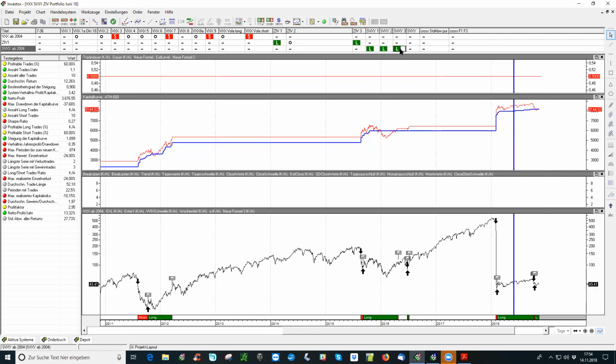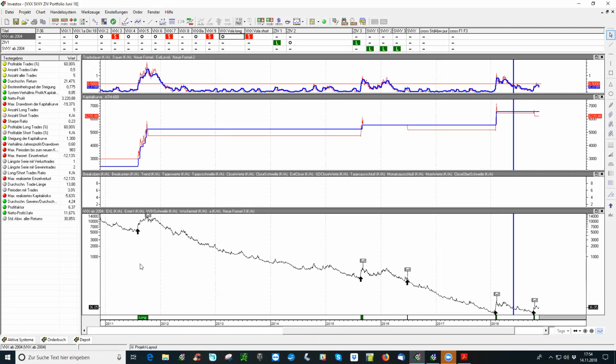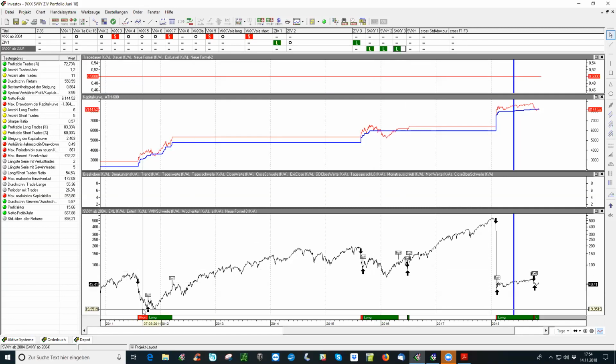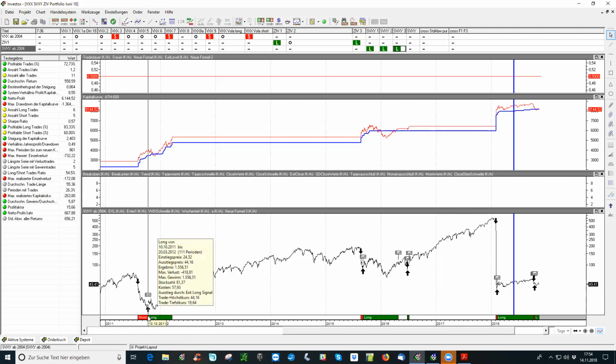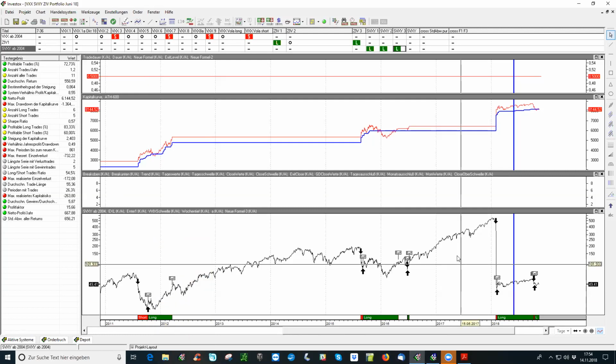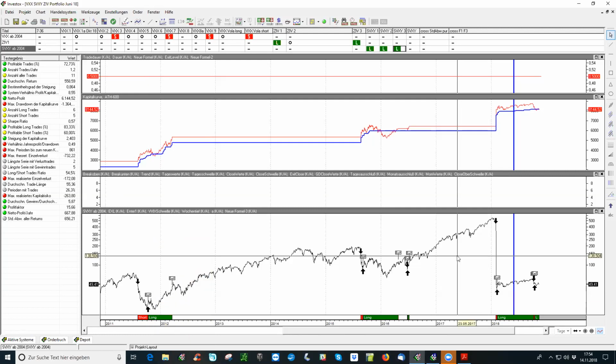So what I do is, as you can see here, pretty much the same. When this system is going long, the SVXY in this system is going short. The others are already out at this time. So that's what I do. Pretty much the same in SVXY as in VXX.